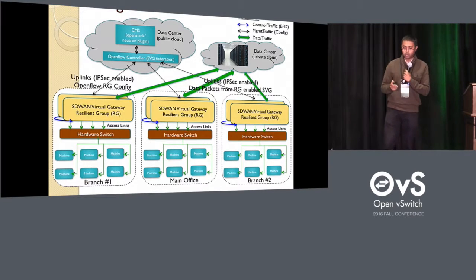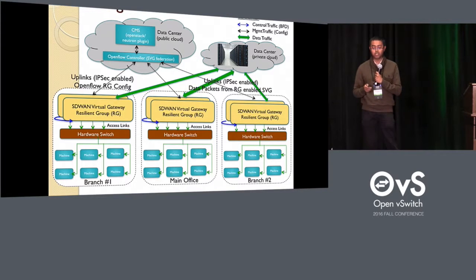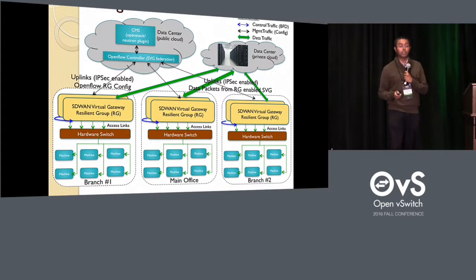In SD-WAN, how did we implement this? Basically you have to configure the resiliency information of the gateways through the CMS.